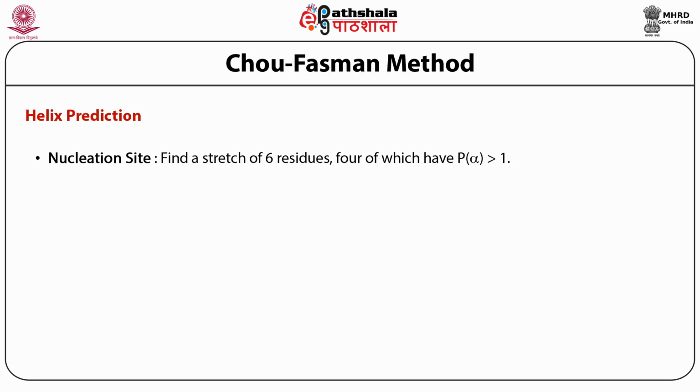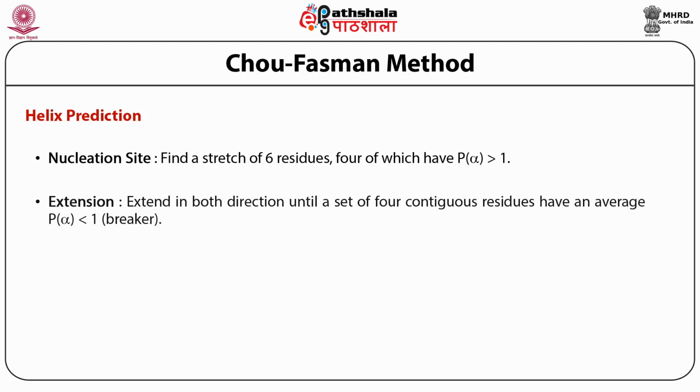Once you have found the helix nucleation site, you can extend it towards the N terminus and C terminus by another rule: you take 4 contiguous residues just off the N terminus or the C terminus of the helix, take the average helical propensity, and that must be greater than 1. If it becomes less than 1 at a certain point, consider the helix to have ended at that point.